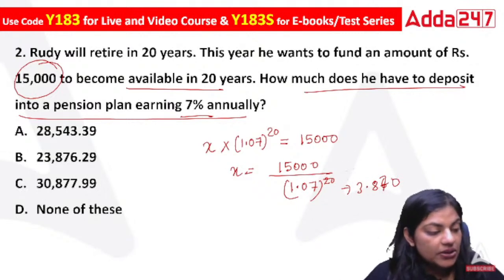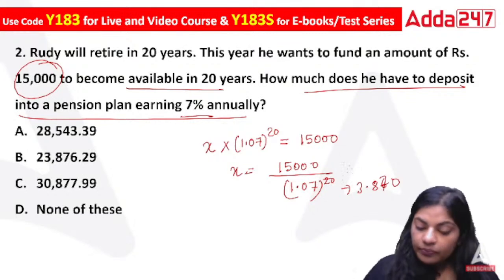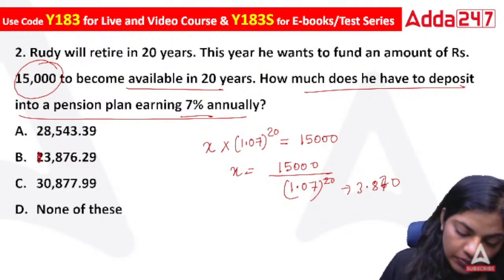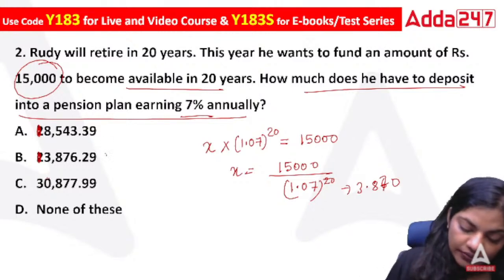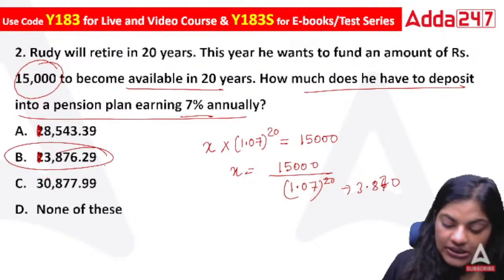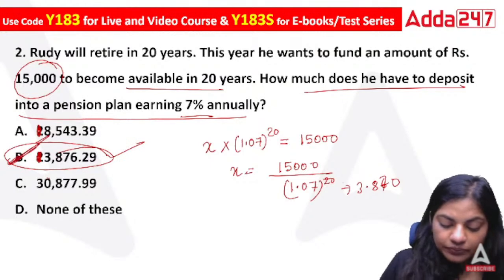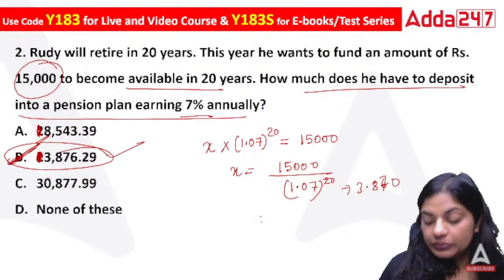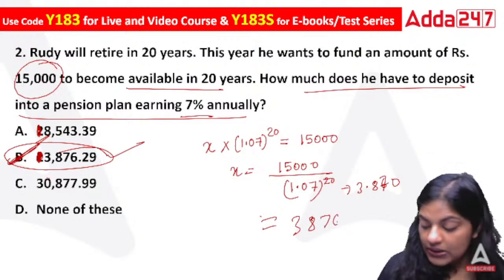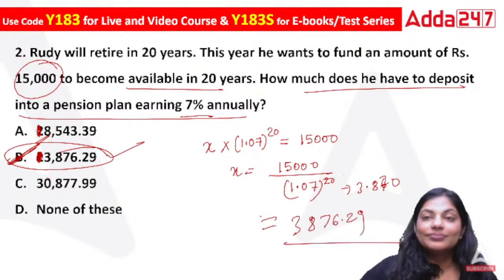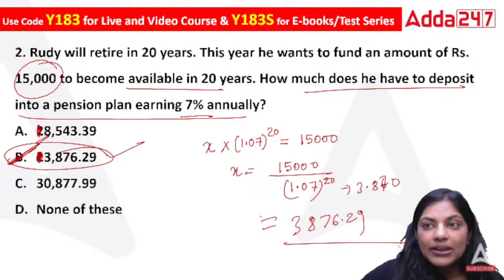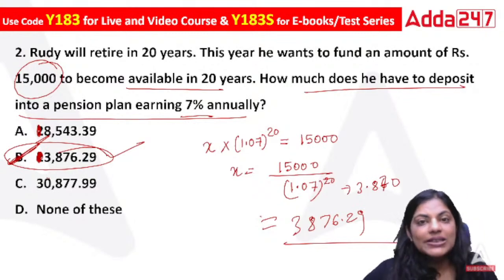So 15,000 divided by 3.870 will give you, yes, this is the answer, 3876.29, option number B. So how many of you got that clear? Is it clear, the concept?